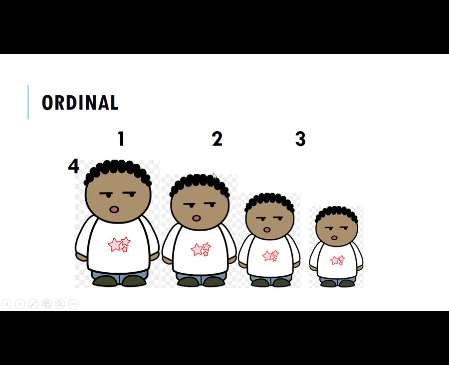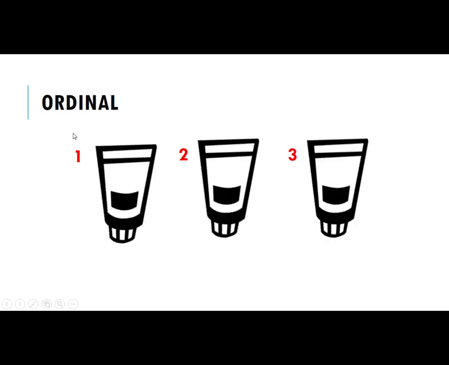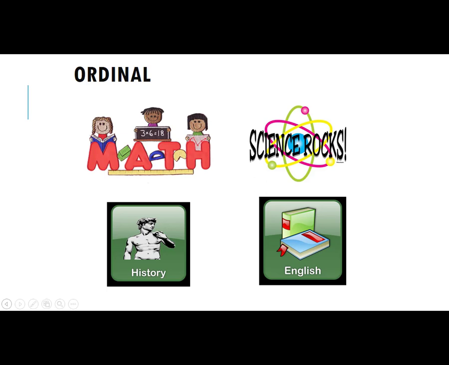So they're ordinal, but it doesn't tell you what's the difference between 1 and 2, or 2 and 3. Another ordinal, this is 1, 2, 3, you're putting them in order. Ordinal, anything like these can just be ordinal. Anything you can put in order. 1, 2, 3, 4. It's just an arbitrary order.